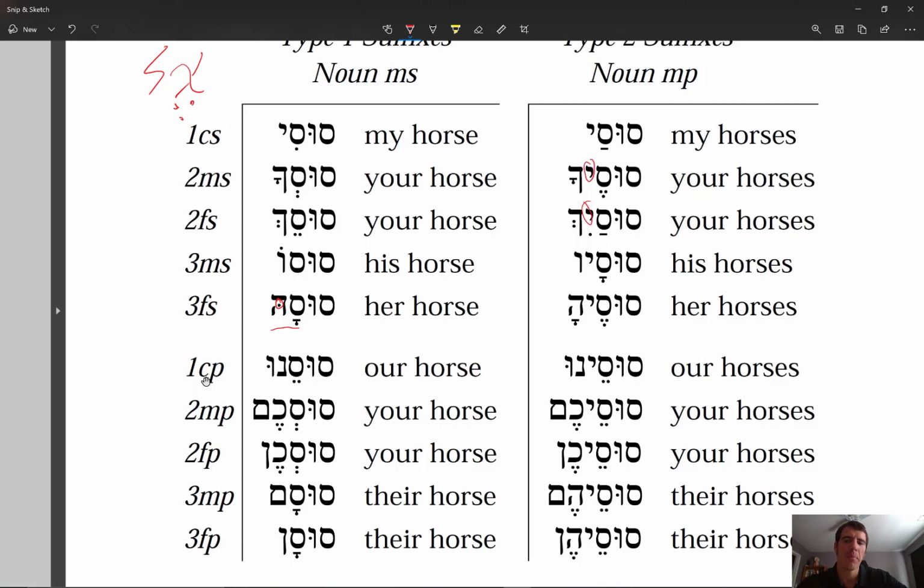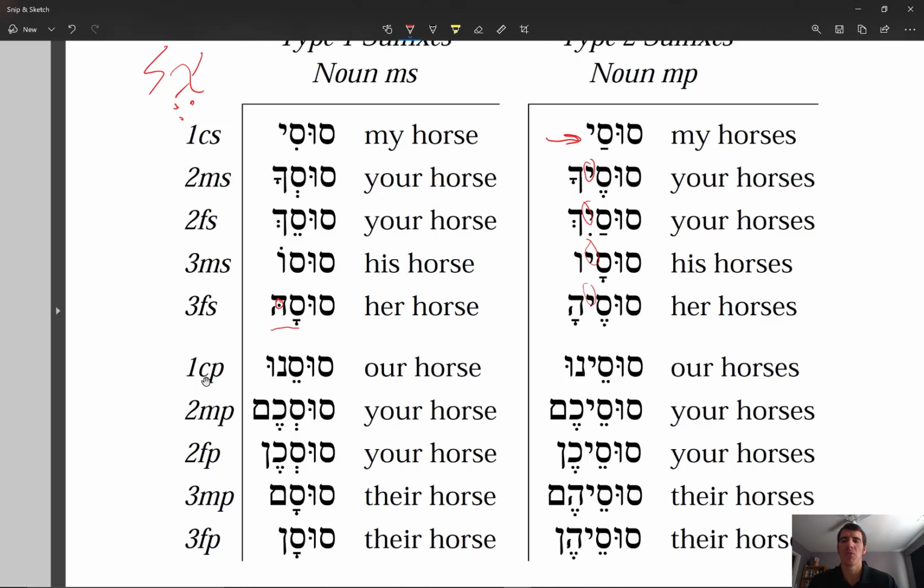Now, the biggest takeaway of this as you're reading Hebrew is that you're going to have the yod in between the ending. You're going to keep the same kind of suffix, but the yod is going to be interpreted. So usually how that's going to take place is you're going to have susai would be the ending for the plural, my horses.